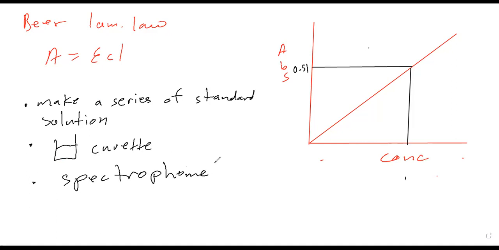For UV-vis analysis, we use a spectrophotometer. So you put the solution in the cuvette, put the cuvette in the spectrophotometer, and record the absorbance reading, and that's how you would get your calibration curve.